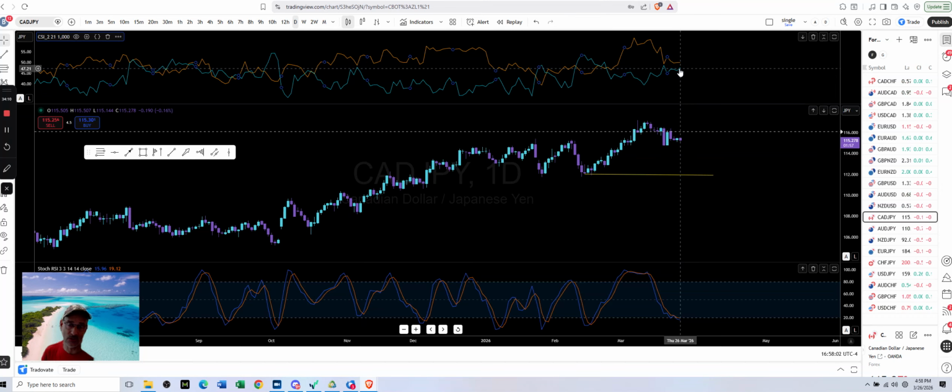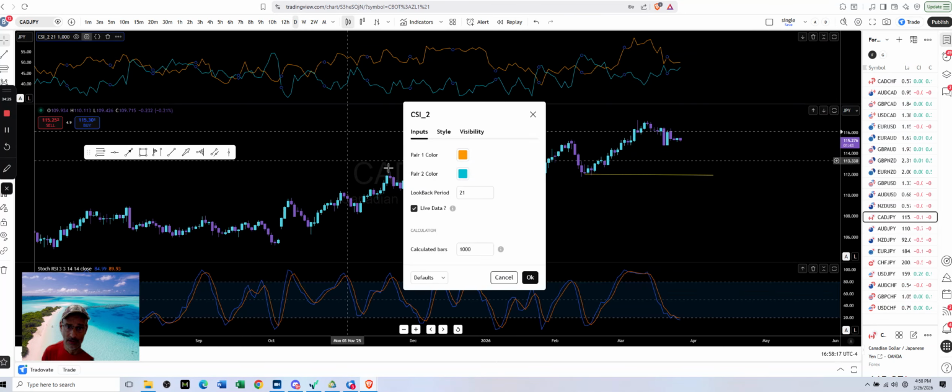But that's where you have to use a little bit of intuition. And if I think that maybe that is the entry and I don't necessarily want to miss it, then fine, I'll take the trade. But I'd rather just wait for the candle to close and for the market to show its hand a little bit that way.